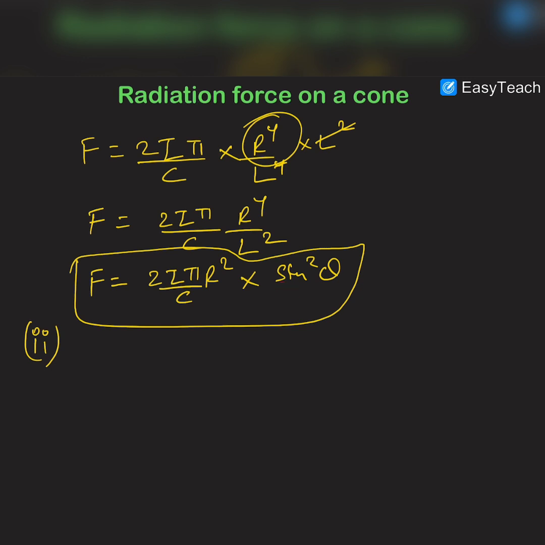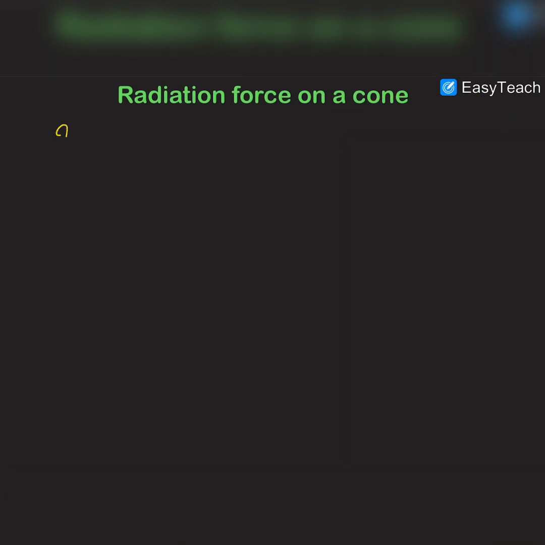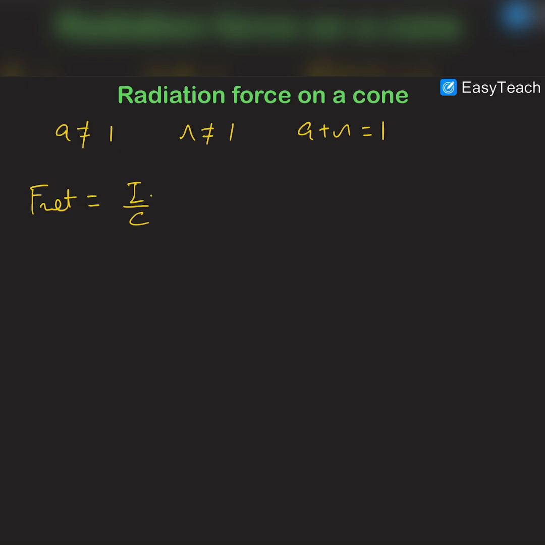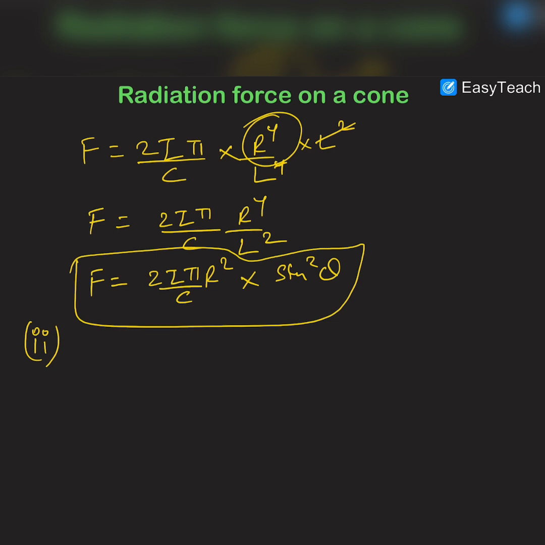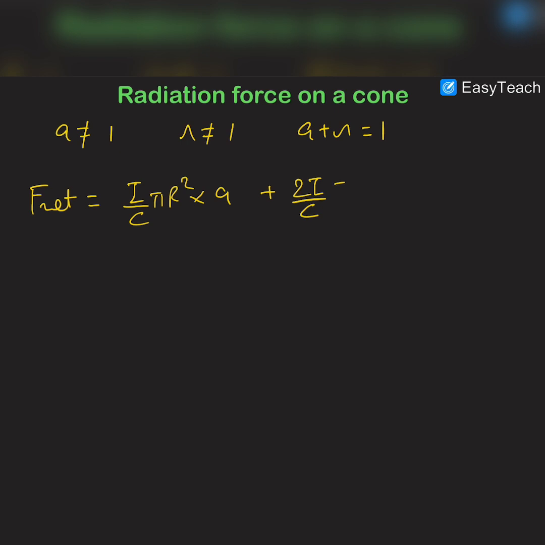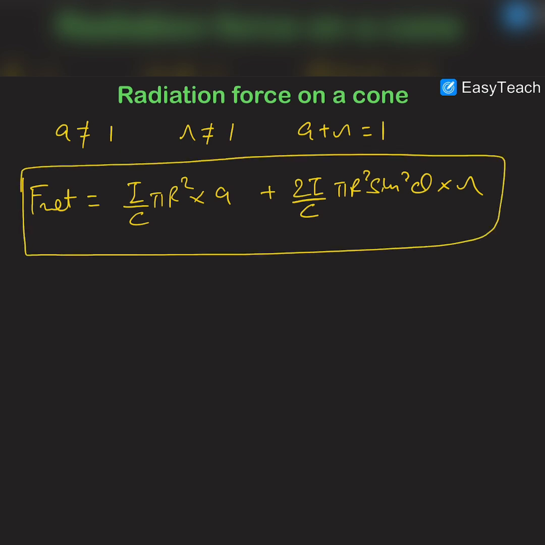Okay. And now if the cone is partially absorbing, neither A is 1 nor R is 1, in fact A plus R is 1, so we can say that the force acting on the cone will be I by c pi r square into A due to absorbed photons, plus 2I by c pi r square sin square theta into R. Okay, so this will be the result, where theta is the half apex angle of the cone.